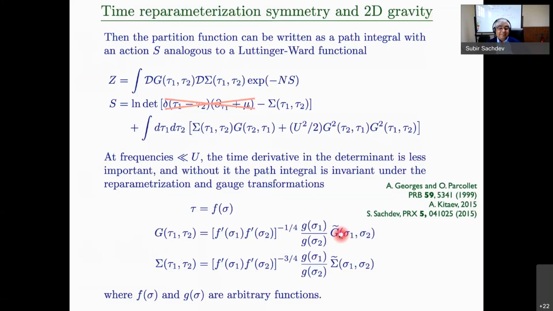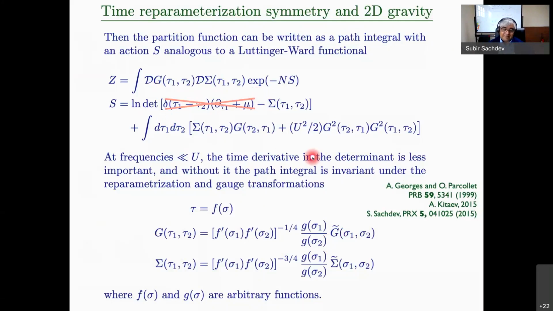This is very reminiscent of the kind of thing you have in general relativity, where you can reparameterize space-time. There's general coordinate invariance. This is general coordinate invariance only with time. And that's a property of the theory when you throw this term out. It's not an exact property. It's only an exact property when you ignore this term.